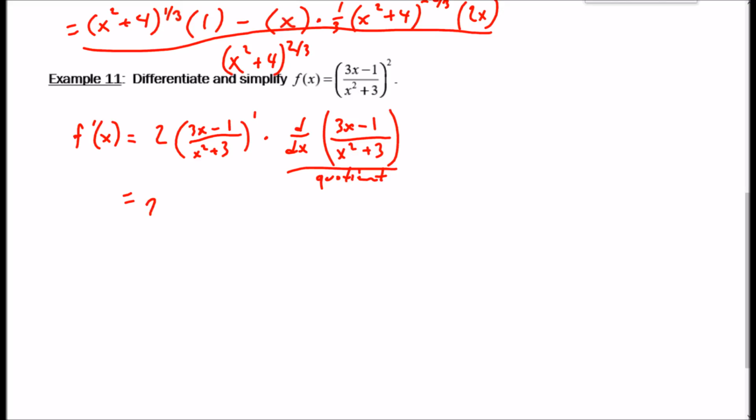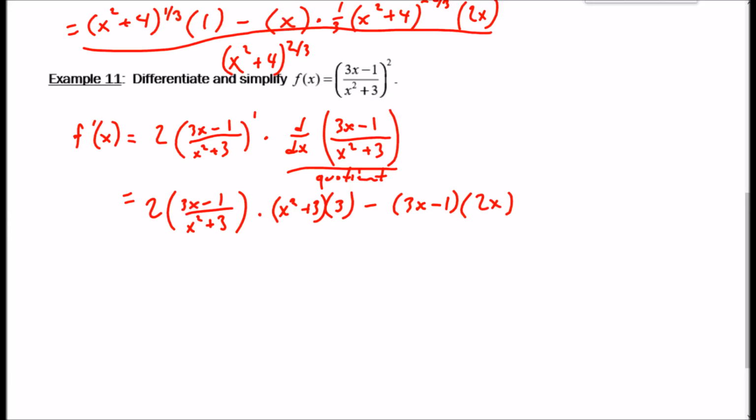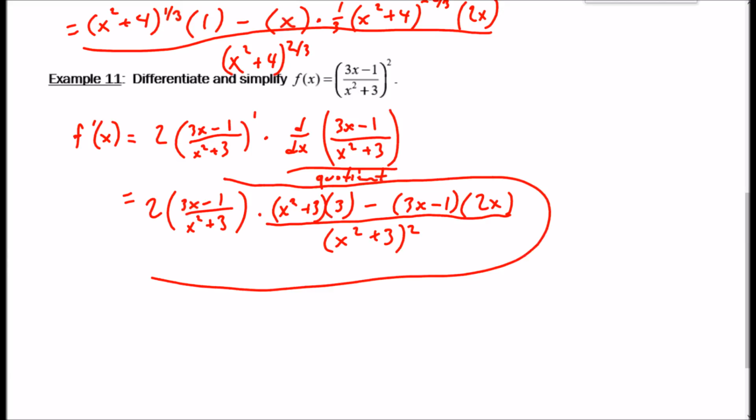So we have 2 times (3x minus 1) over (x squared plus 3) times low d-high, (x squared plus 3) times the derivative of the top, which is 3, minus high d-low, (3x minus 1) times the derivative of x squared plus 3, which is 2x, over low squared, so (x squared plus 3) squared. And we will circle our answer, f prime of x equals.